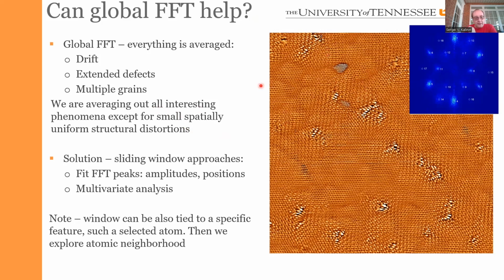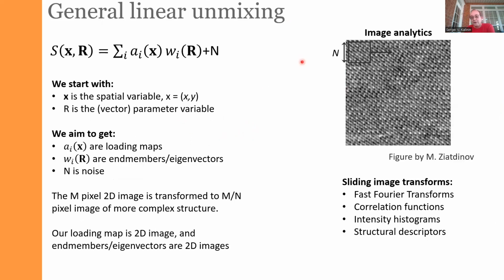It turns out that one way to solve this problem is to split the image into image patches, what we call a sliding window approach, and then run the Fourier transform on these patches. So let's see how it works. Let's go back to our idea of general linear unmixing. You have seen the example of how it works for spectral data.